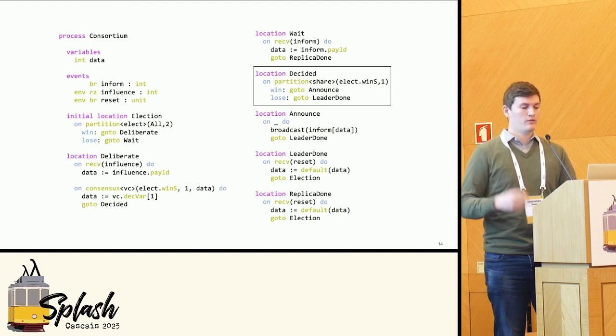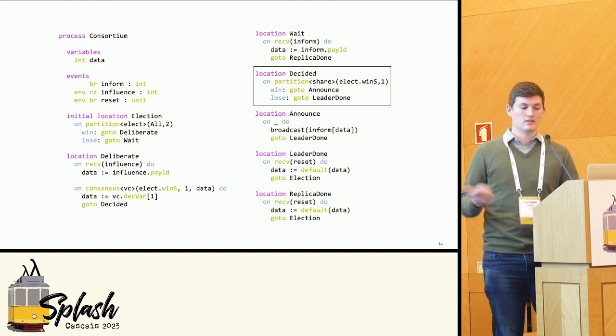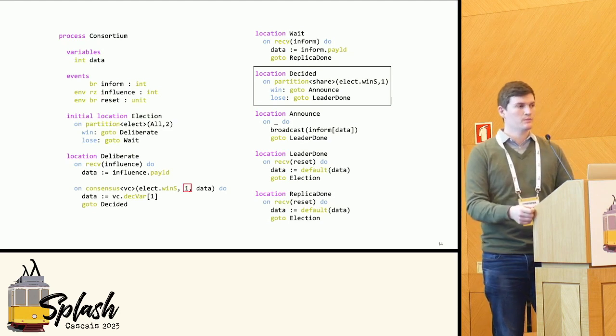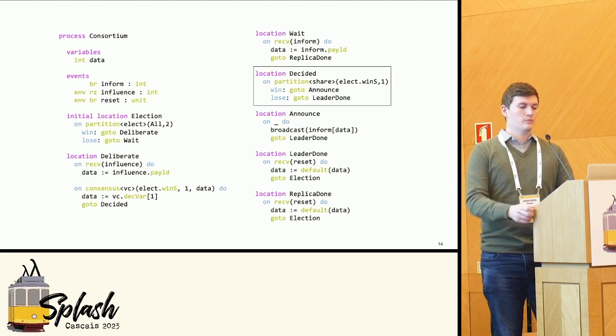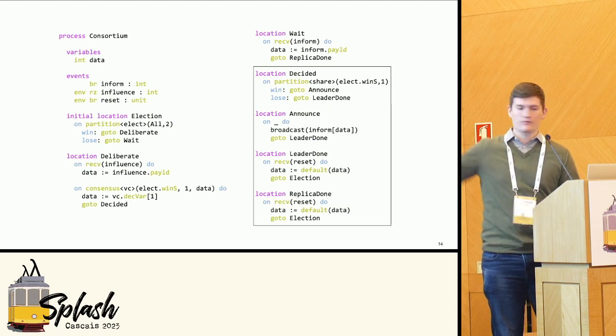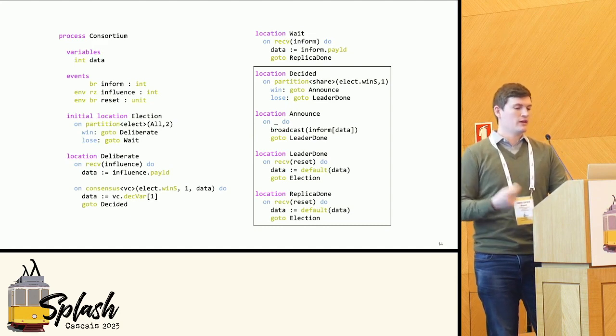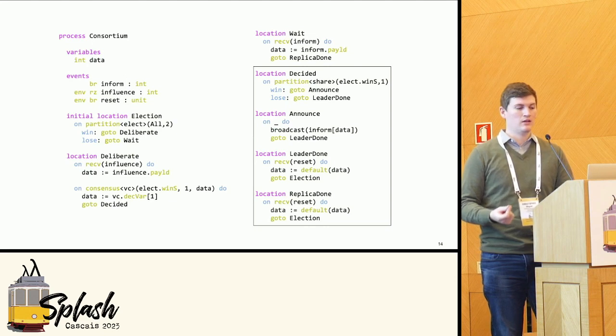The number of distinct values that they hold is determined by the cardinality of the consensus handler from which they get their value, which we can see here is just 1 in this case. And actually, by doing a little bit of extra analysis, we can see that all of these last 4 locations can only be accessed by processes holding a finite set of values, which is limited by the cardinality of consensus.